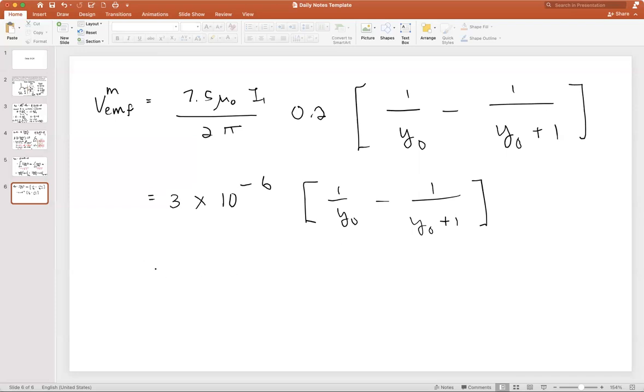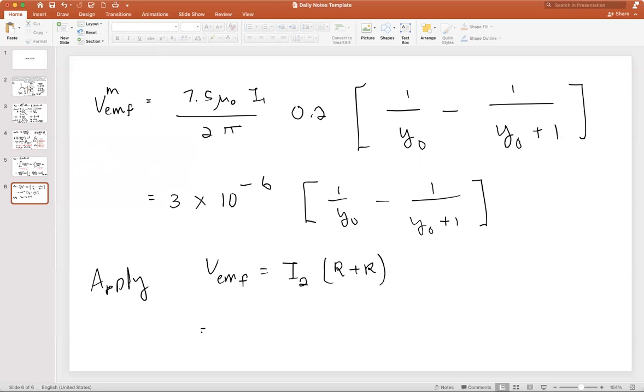And now we can apply Ohm's law, where VEMF is equal to I2 times resistor plus resistor.